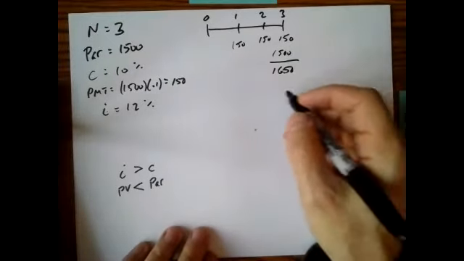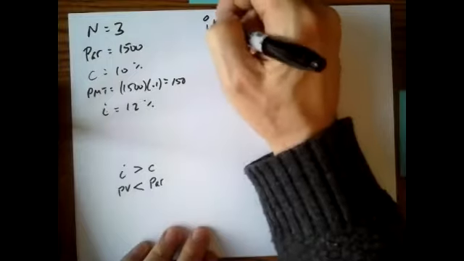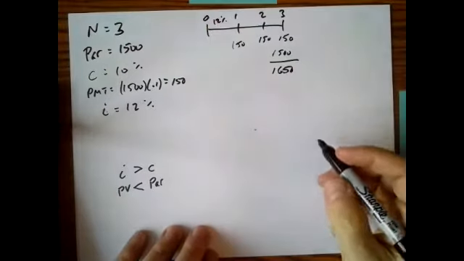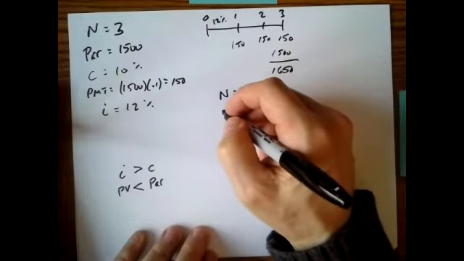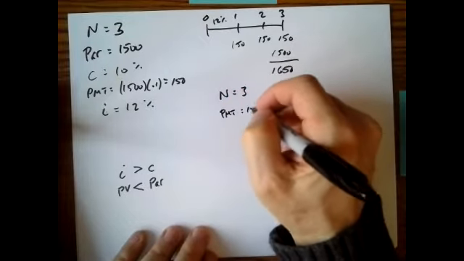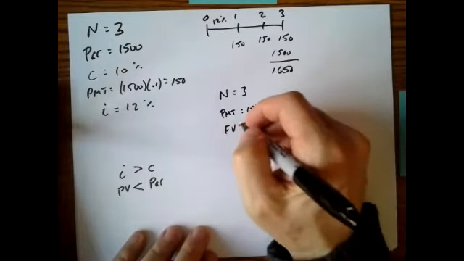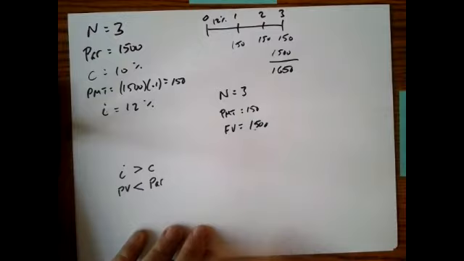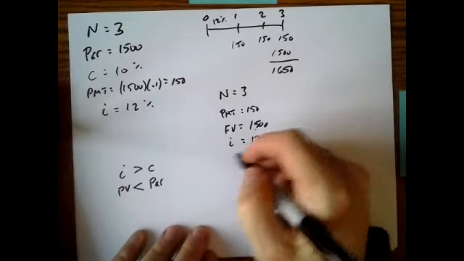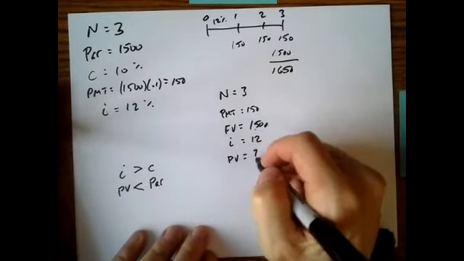And we're going to be discounting at 12%. So N equals 3, payment equals 150, FV equals 1,500, and I equals 12. We want to know what our PV is.